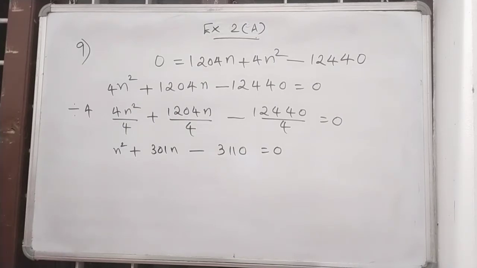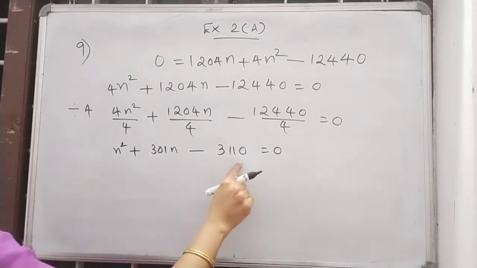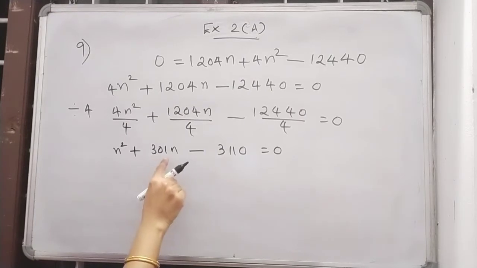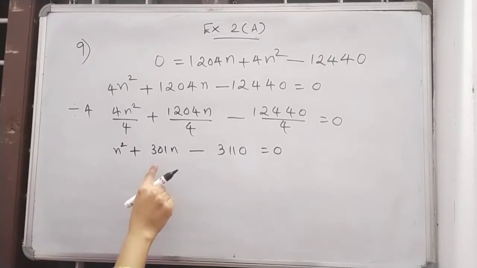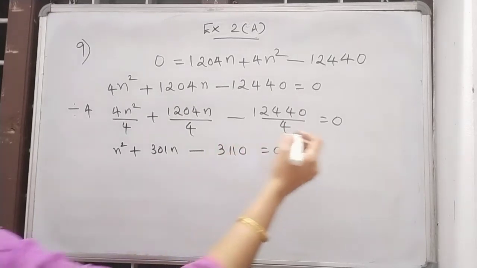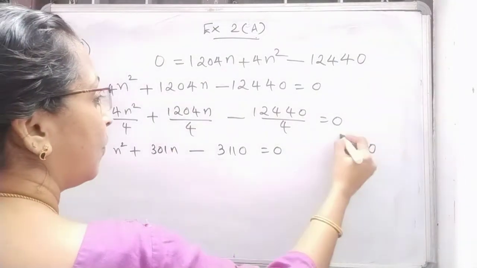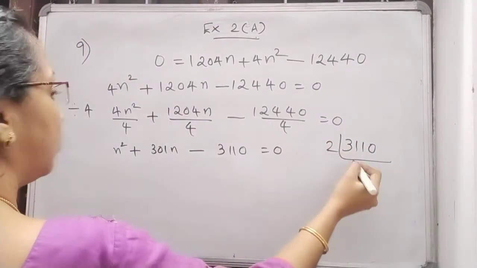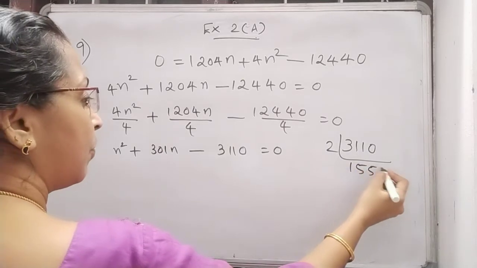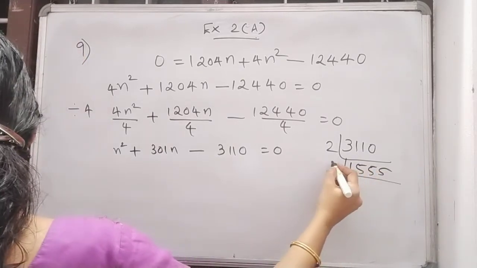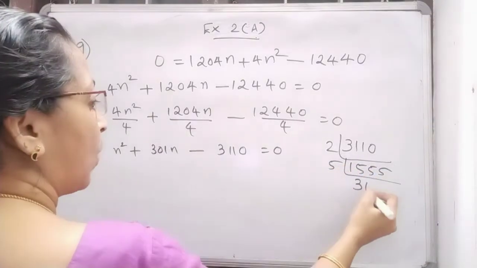So dash into dash is equal to 3110, and if we add or subtract we want to get 301. Which are the two numbers? We can do the prime factorization. 2 is possible, so it will be 1555. Again we can divide by 5, so 311.